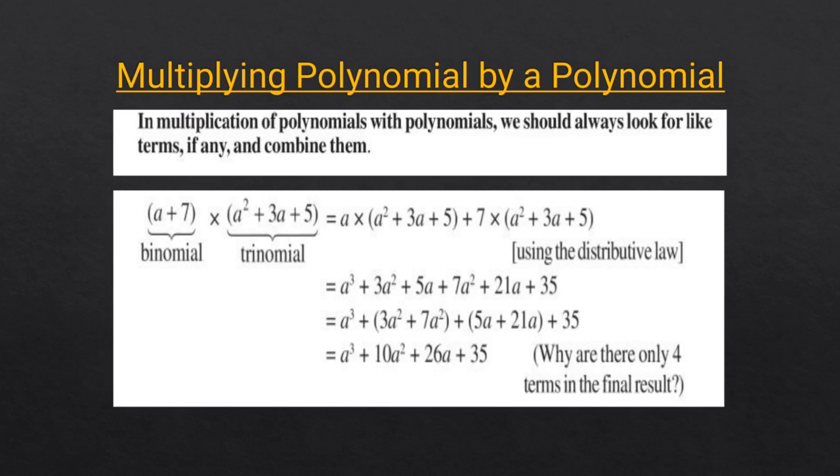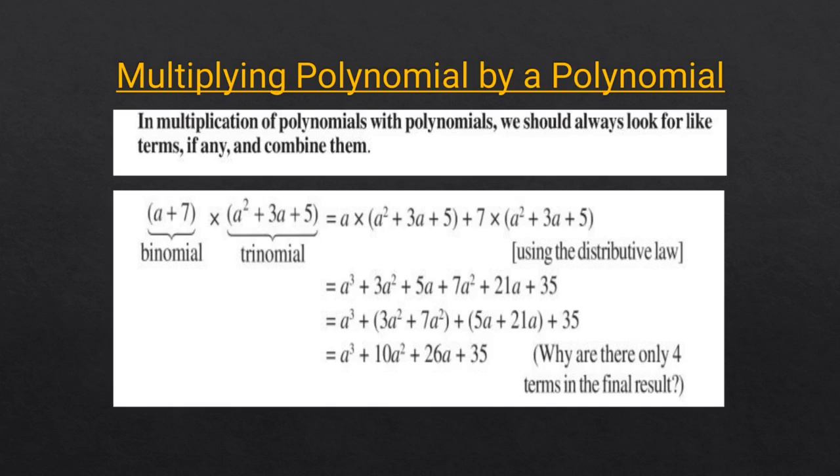Thus, on multiplying a plus 7 along with a square plus 3a plus 5, we'll get the product as a cube plus 10a square plus 26a plus 35. Well, this is the method that we should be following in order to get our required answer.